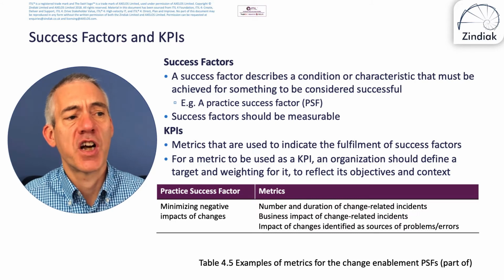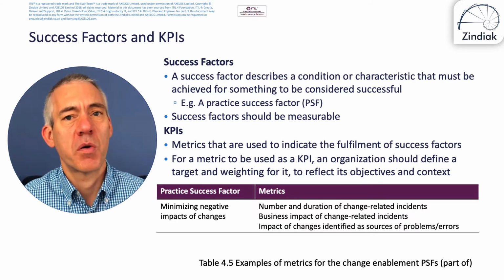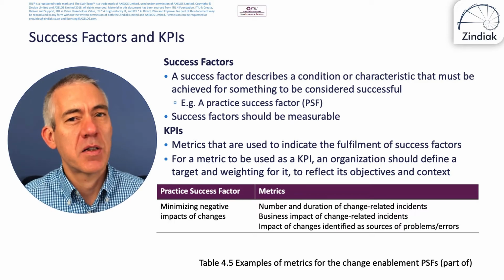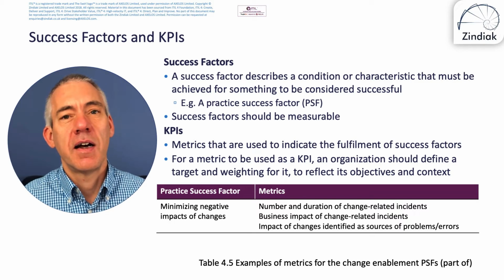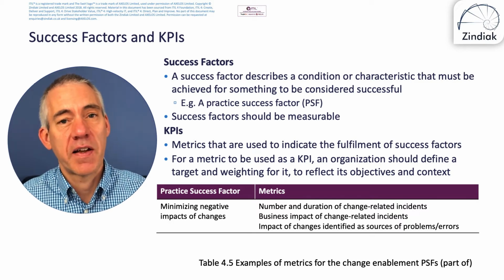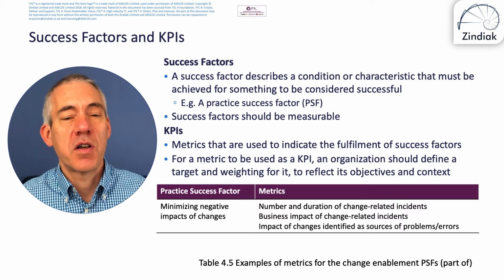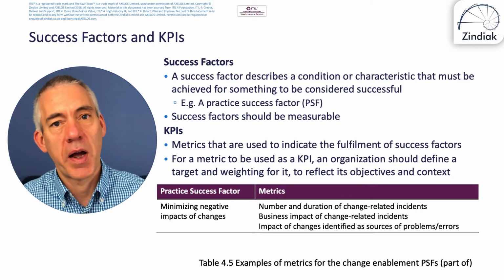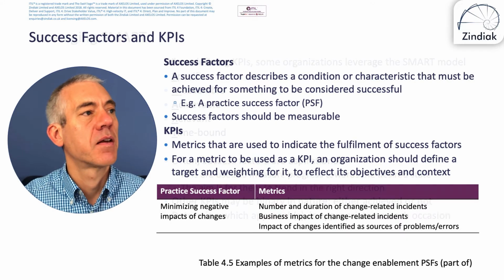And then impact of changes identified as sources of problems or errors, and that might be time lost or again money. We might go back to put some sort of cost on it. And again, if it's time, you can relate that to money as well. So if it's half a man day, then it relates to whatever, £500 or whatever our figure is.